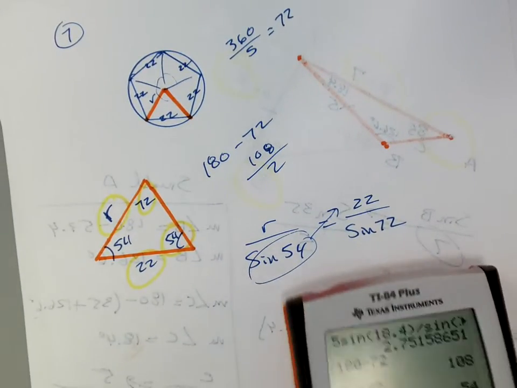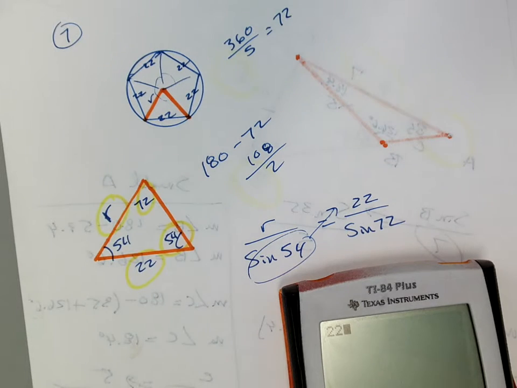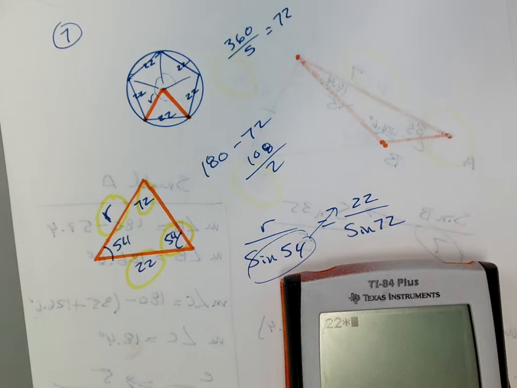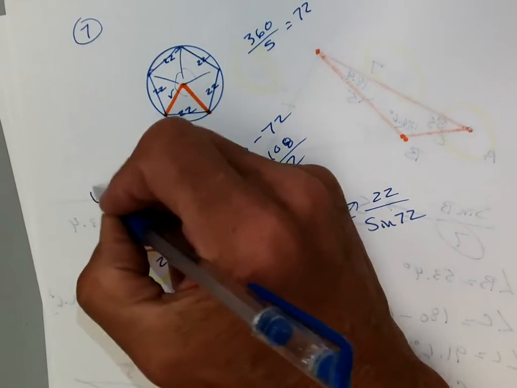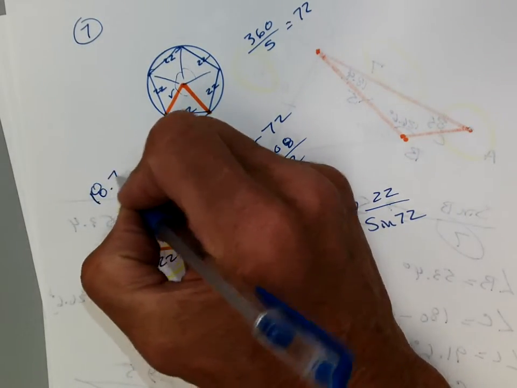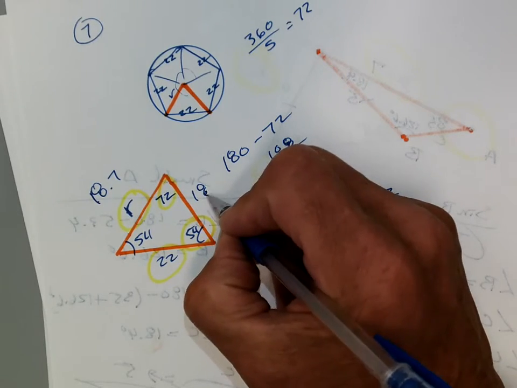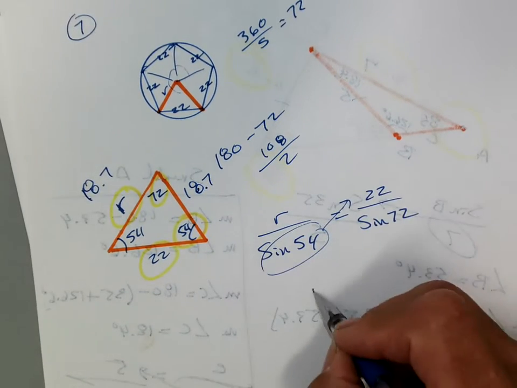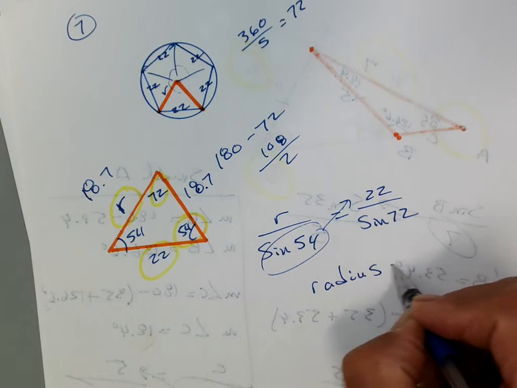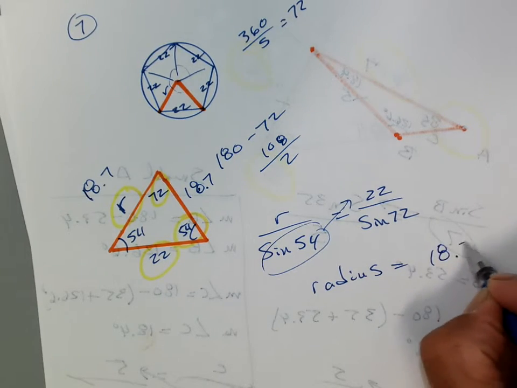I'll just take the calculator and go, okay, clear, 22 times sine of 54, close my parentheses, divide by sine of 72. And I get an answer of about 18.7. So I know the radius is 18.7.